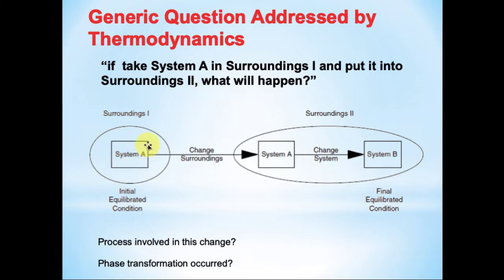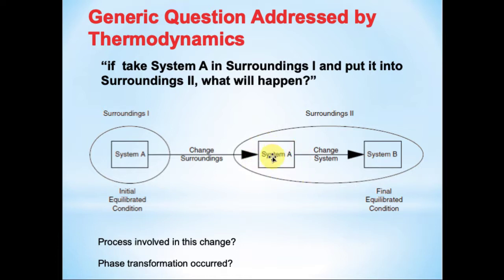System A is the piece of solid cadmium. Surroundings 1 is the ambient pressure and temperature of the lab, while surroundings 2 is the atmosphere in the furnace, also at ambient pressure but a temperature of 545 degrees Celsius.